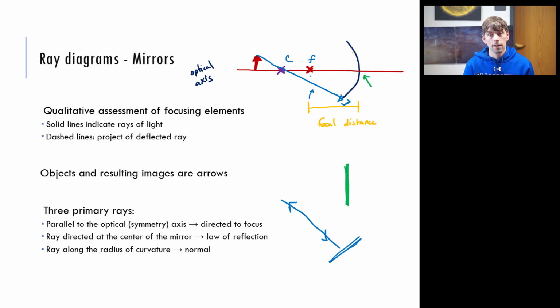So the ray that passes through, I shouldn't say through, I should say along the radius of curvature. Well, along the radius of curvature is fine. That ray will be reflected directly backwards. Well, let's go ahead and get some practice. First of all, notice this is going to be a drawing thing.